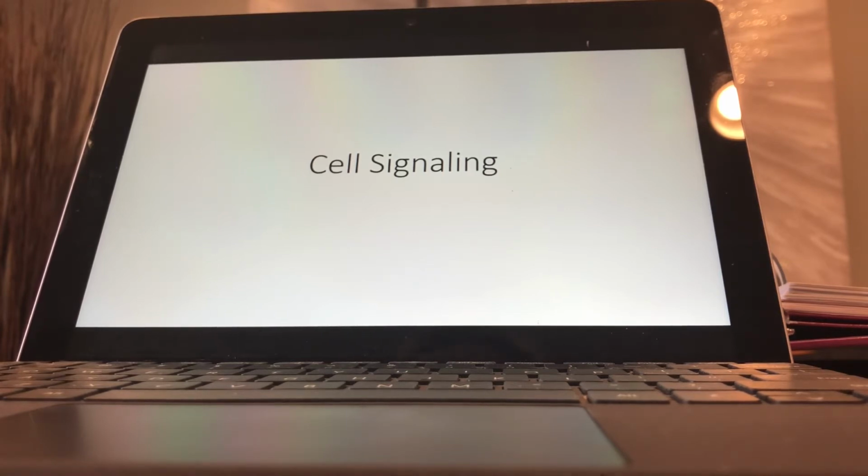So for now, we are going to continue learning about biology, and right now we are kind of moving into the unit of homeostasis. This cell signaling, meaning how cells communicate with each other, is a really important part of learning about homeostasis.